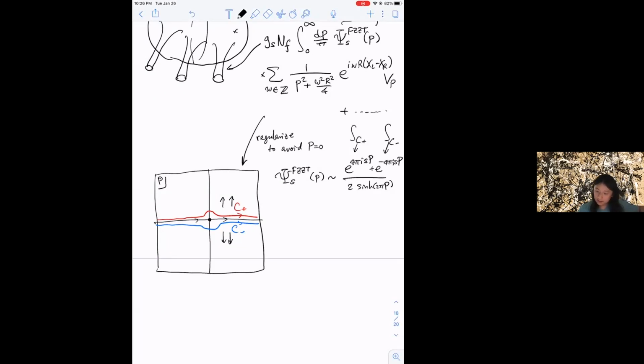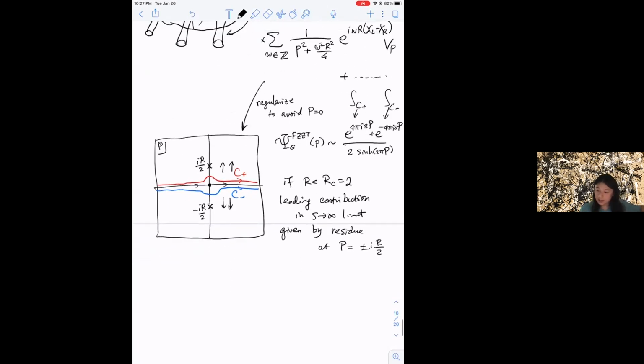In the large S limit, it's going to be dominated by the first residue it encounters, the first pole it encounters. And the first pole it encounters would be at i R over 2 and minus i R over 2, provided R is less than some critical radius, which is equal to 2. The leading contribution in the S goes to infinity limit is given by the residue at P equals plus minus i R over 2.